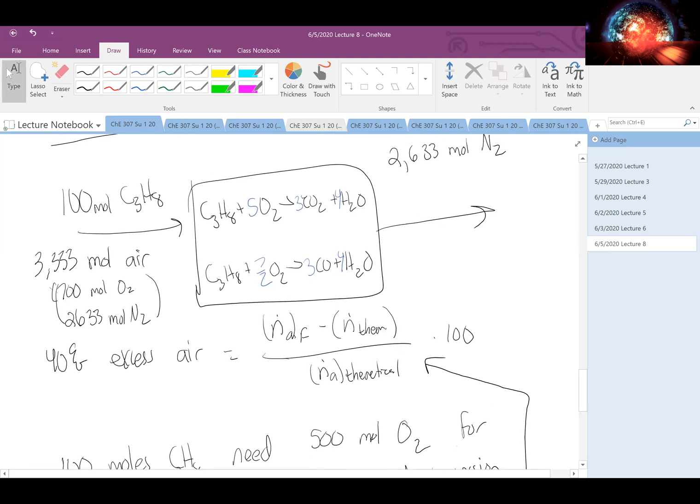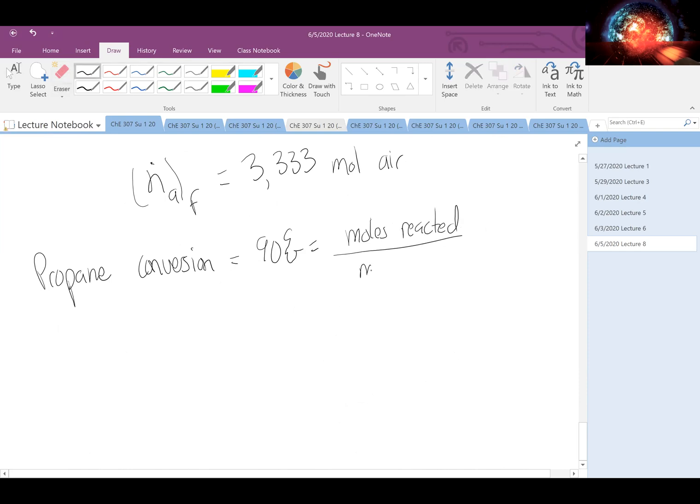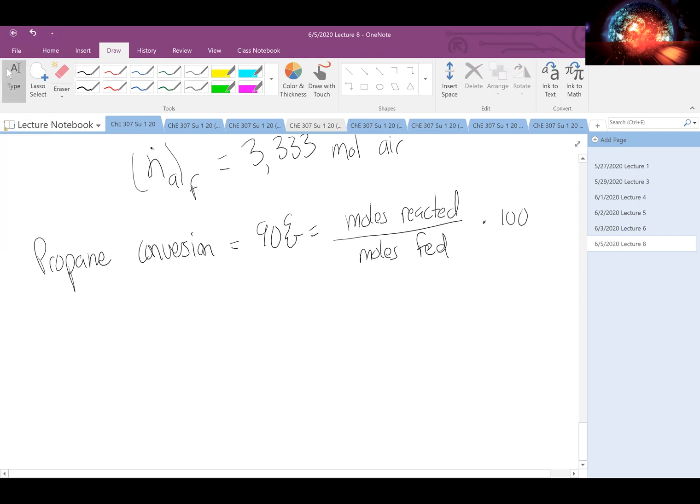Then the question becomes, how many moles of propane do I have in my exit stream? Knowing that my propane conversion was equal to 90%, which equals moles reacted over moles fed, that tells me that my moles reacted is 90 moles.